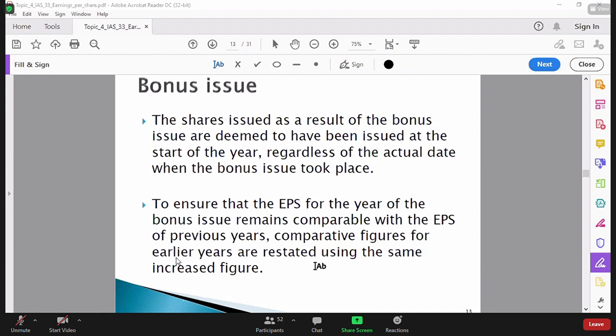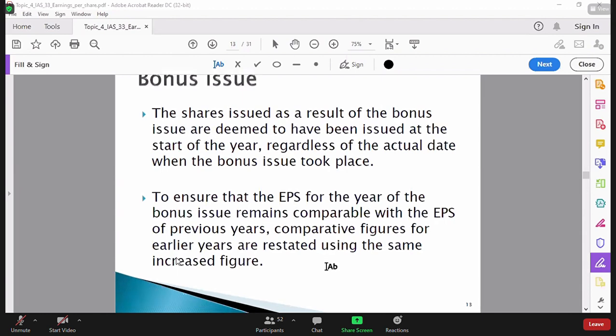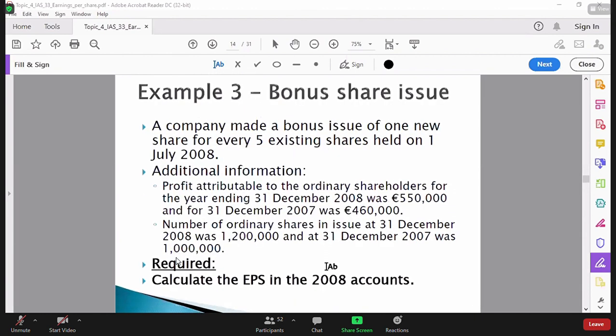That means to restate the previous year's EPS, we just multiply by the bonus fraction. It will be disclosed in the 2008 annual report, not in the 2007 report, because you have to restate due to the bonus issue.